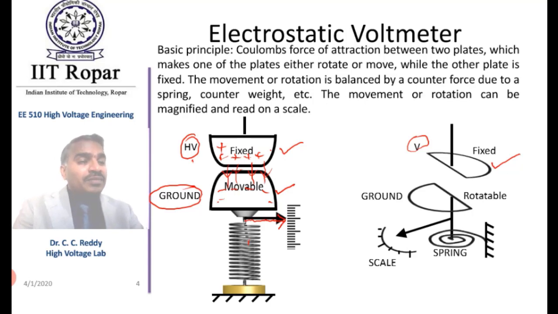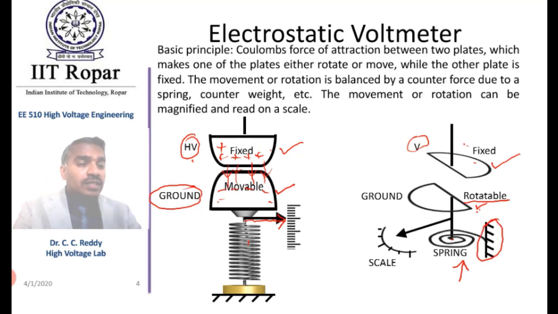Now similarly, here you can see two plates. This is a fixed plate, it cannot rotate. This one is a rotatable plate, and this rotates. There is a spring attached to this one, which is rigidly connected on one side.